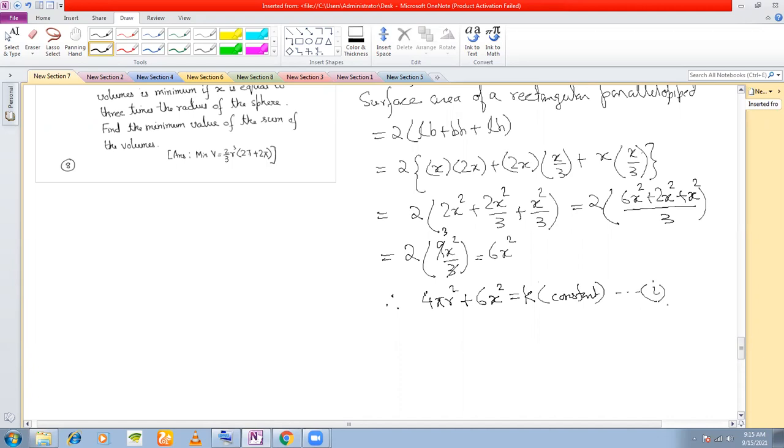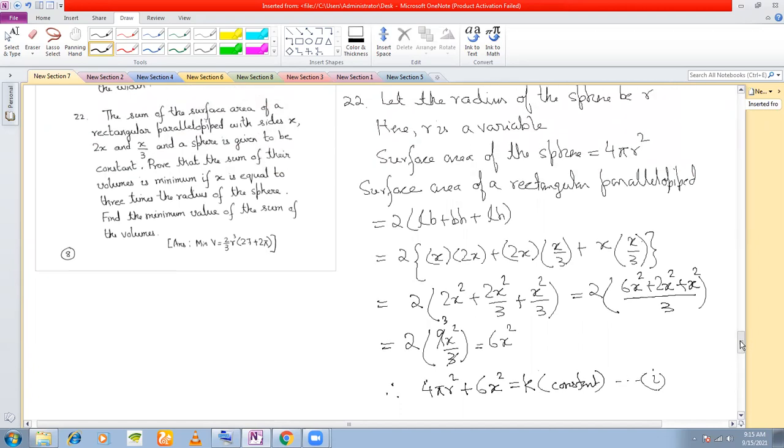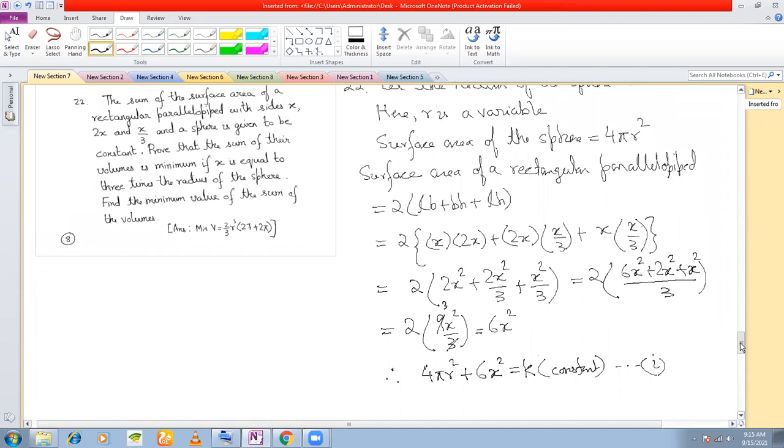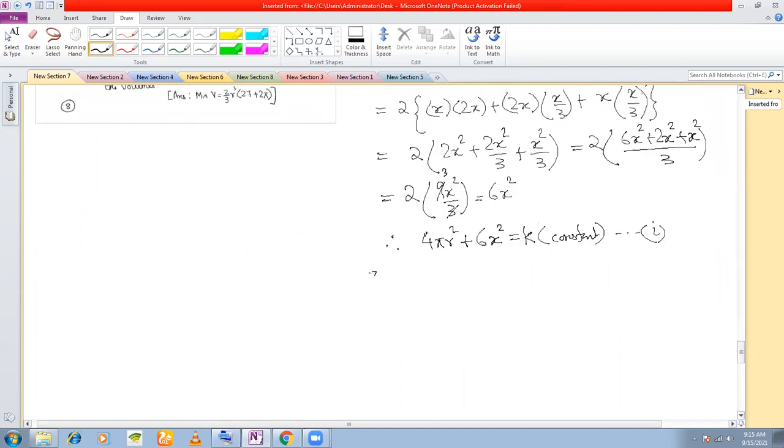Now, what are we to do here? We need to minimize the sum of the volume of the rectangular parallelepiped and the sphere. So, what is the sum of the volumes?